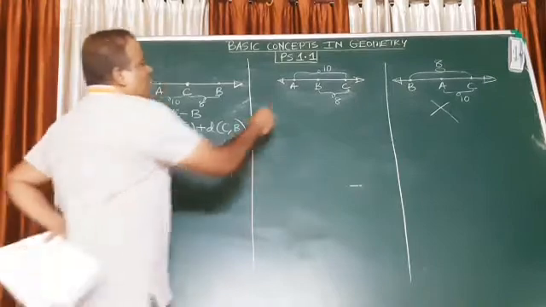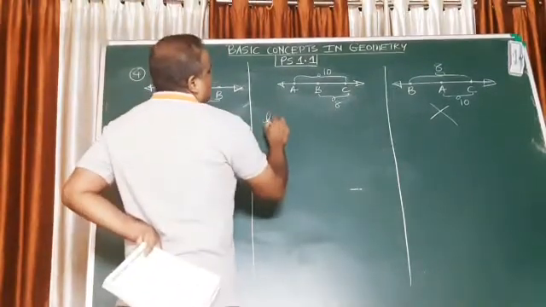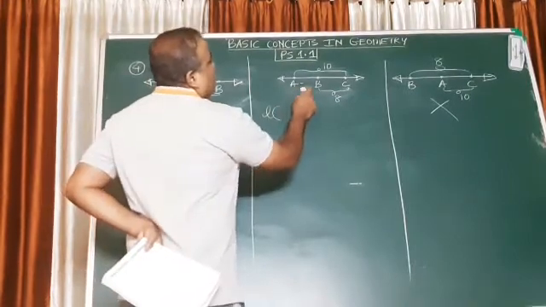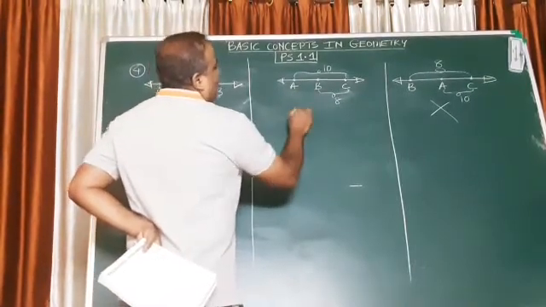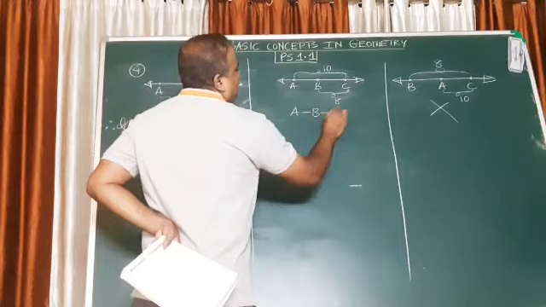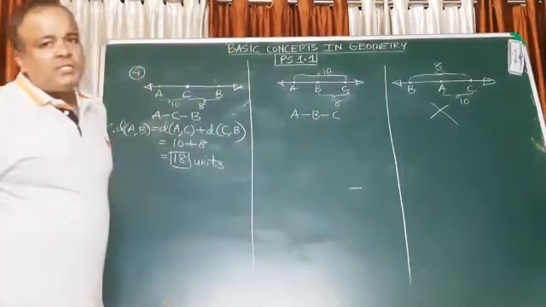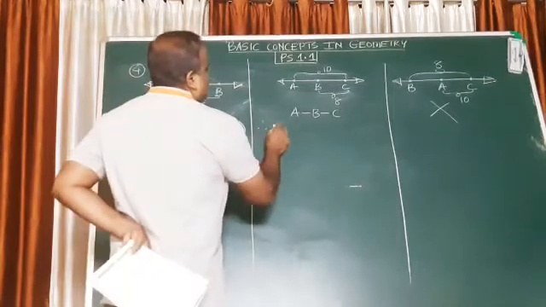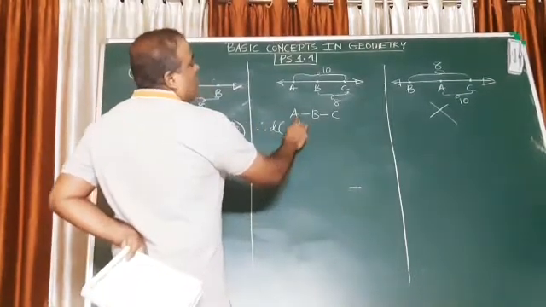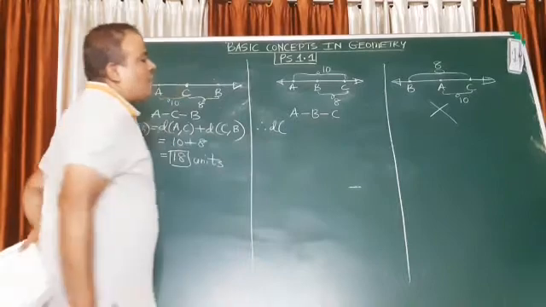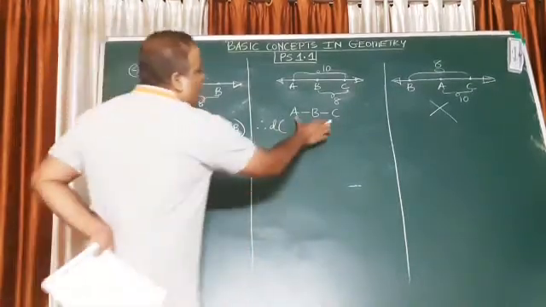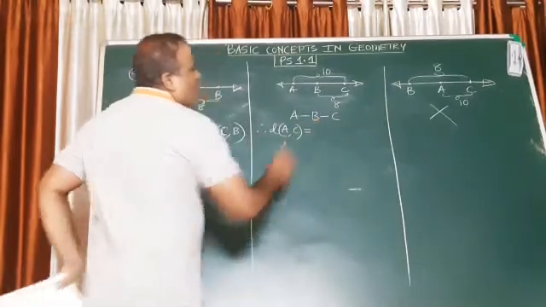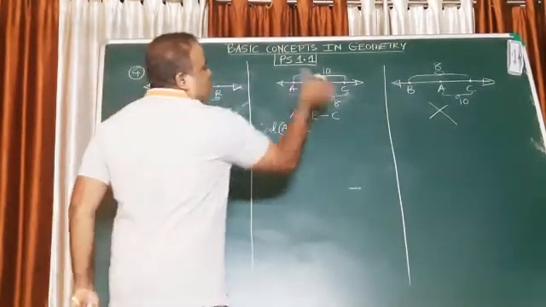Clear? Let's do this. First write what the betweenness is. So I'll say A dash B dash C. In other words, B is between A and C. So therefore the distance AB plus BC, the full distance, the distance between A and C, will be equal to AB plus BC.